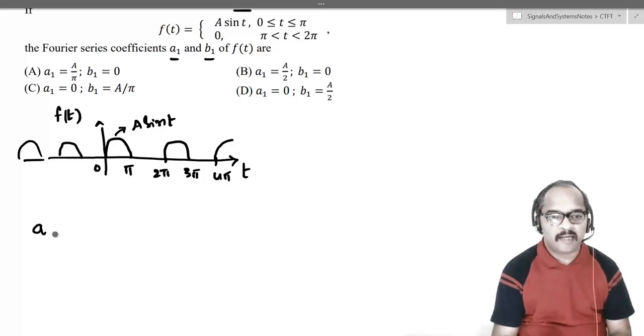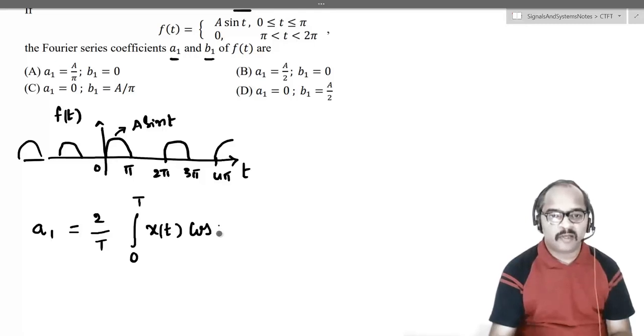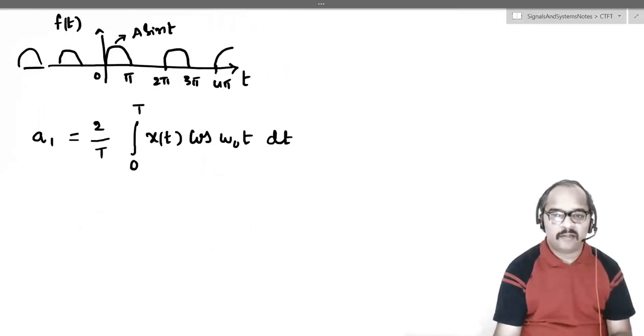So what is a k we know, so that's why we write a1 to be equal to 2 by T integral 0 to T. I write the general result: x of t cos k omega naught t dt. Here k is 1, so I'll get cos omega naught t dt. So for the given function, period is given to be 2 pi.